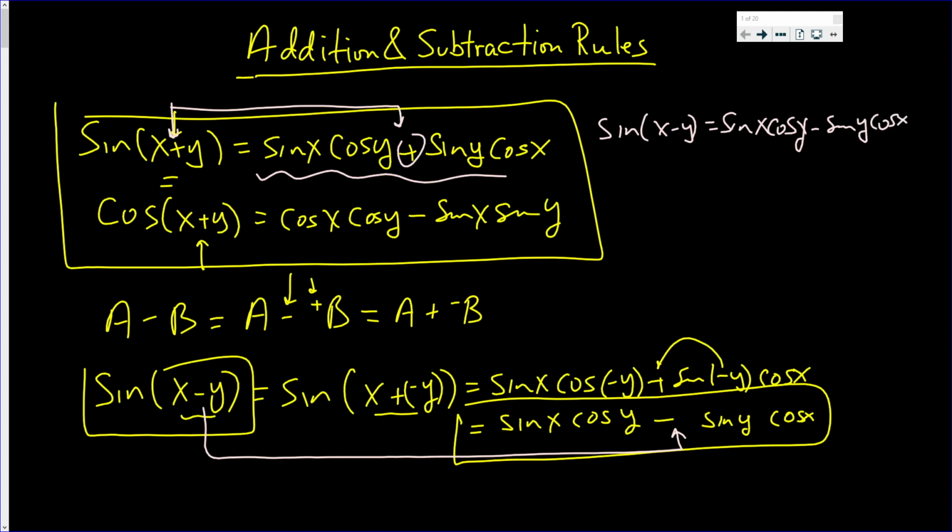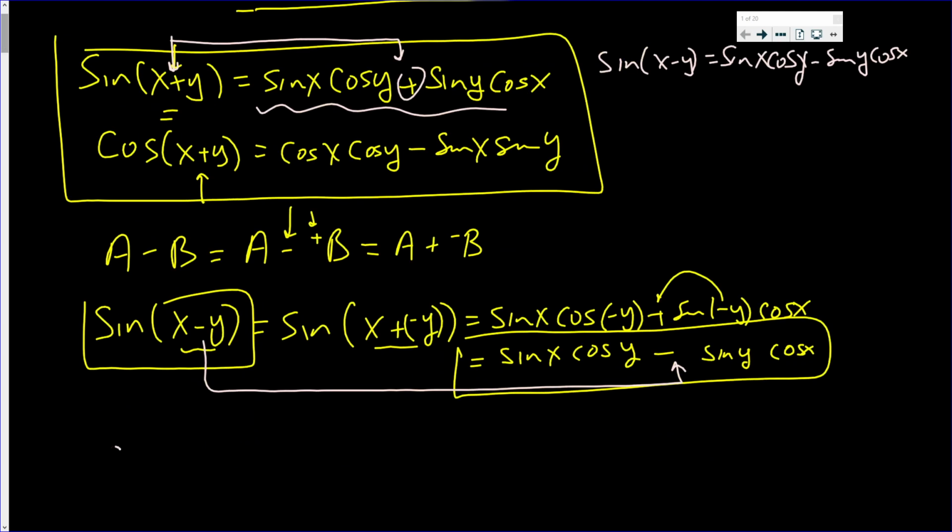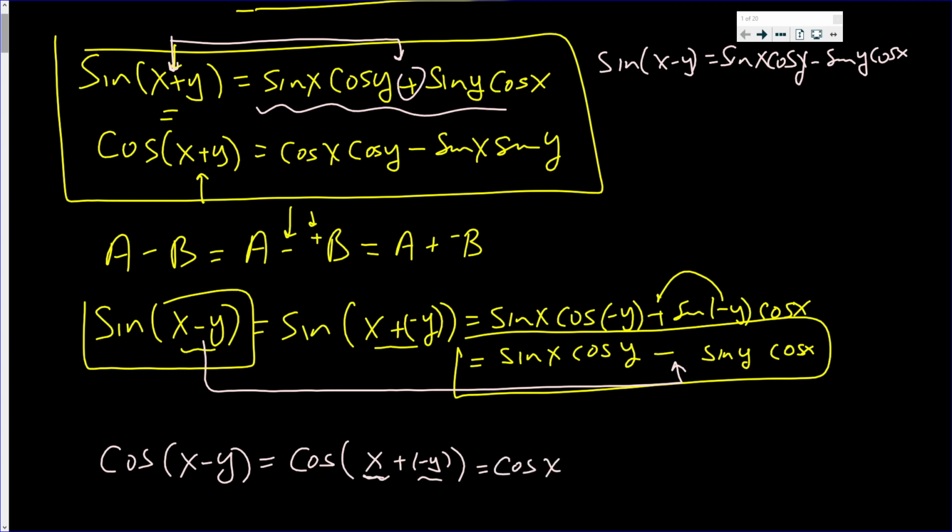Now, what about the second formula? What if you have the cosine of x minus y? You can think of x minus y as x plus minus y. That's the first angle, that's the second. The rule says that the cosine of a sum is the cosine of the first angle, x, times the cosine of the second angle, minus the sine of the first angle, times the sine of the second angle.